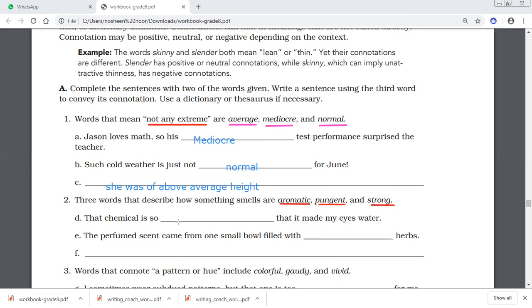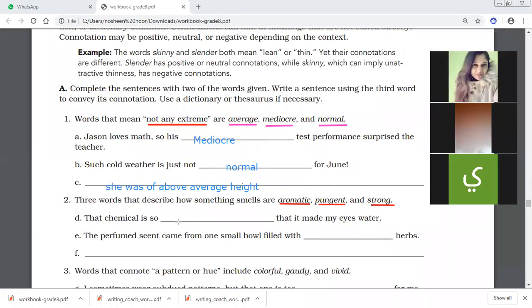But pungent is a smell which is very sharp and biting. It makes your eyes water. So pungent has a negative connotation, but aromatic has a positive connotation, and strong is just neutral. It means any smell that is strong, that can be smelled even from a distance.